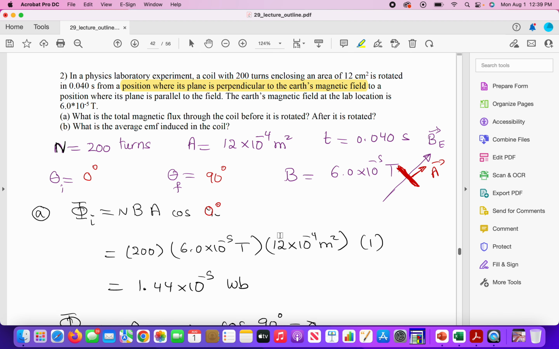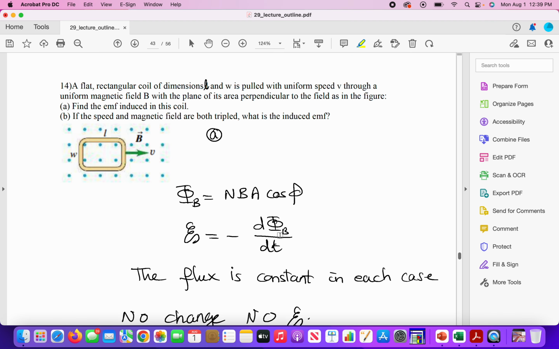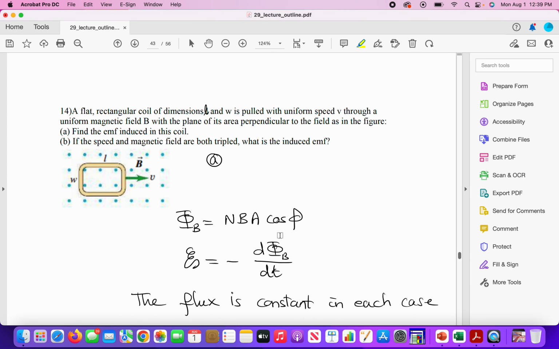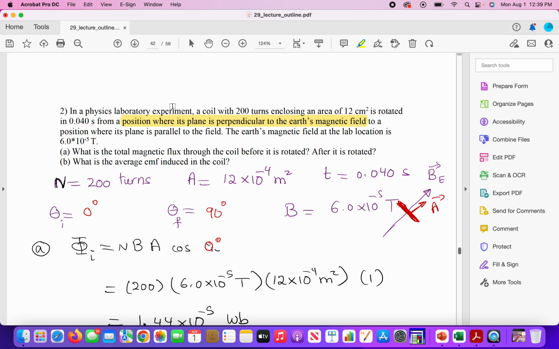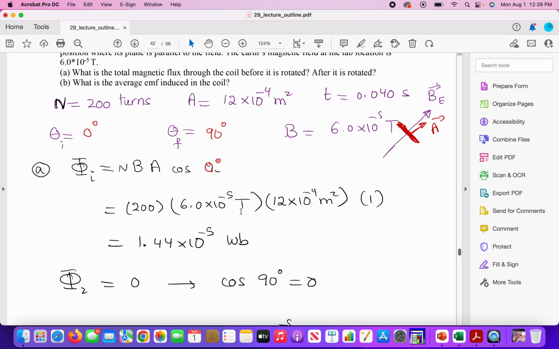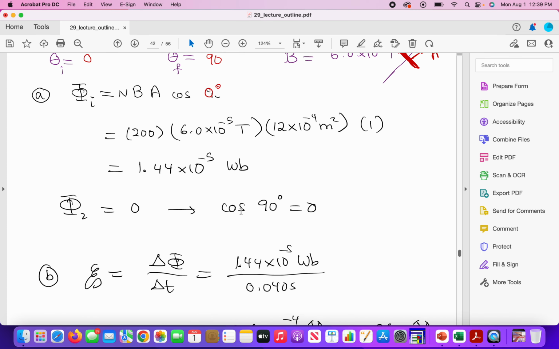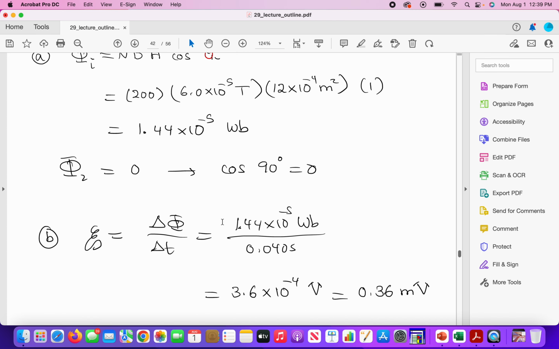Then the change is delta phi. I'm not used to using this, therefore it's a little bit hard. Let me see. I'll get rid of this highlighter. Now delta phi over delta t is 1.44 × 10⁻⁵ Weber divided by 0.040.